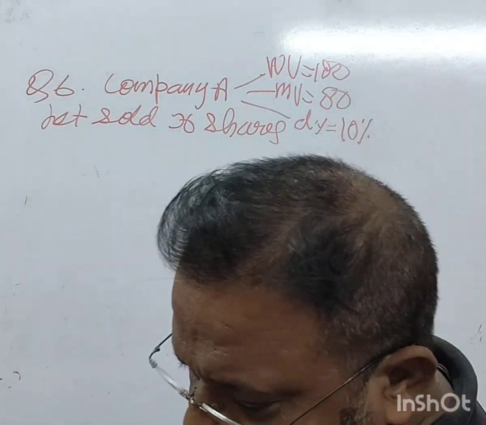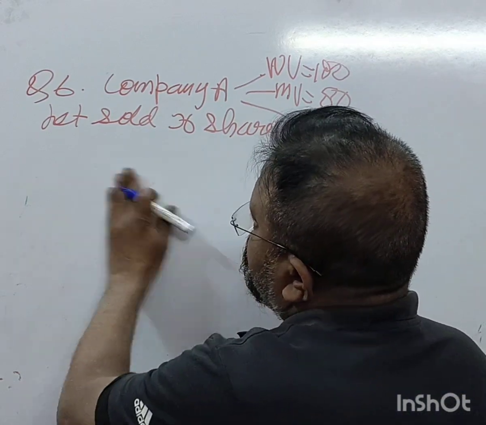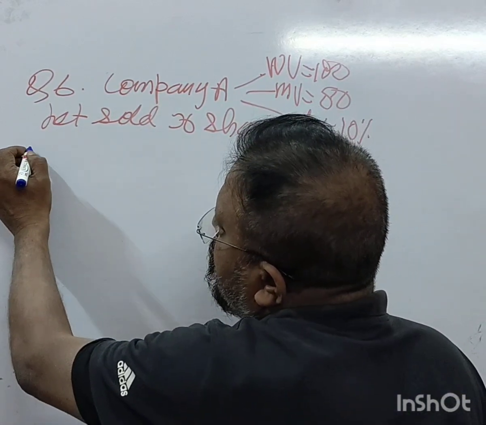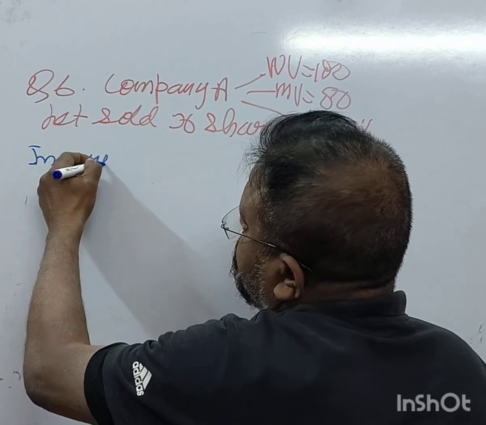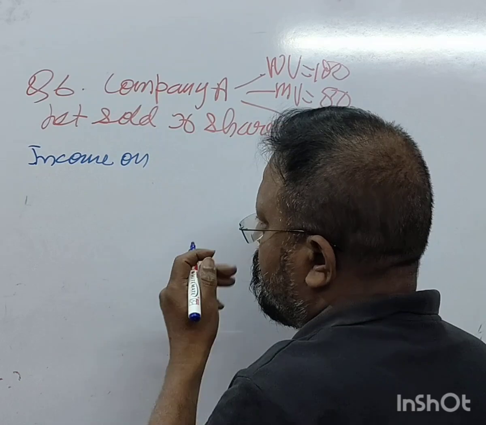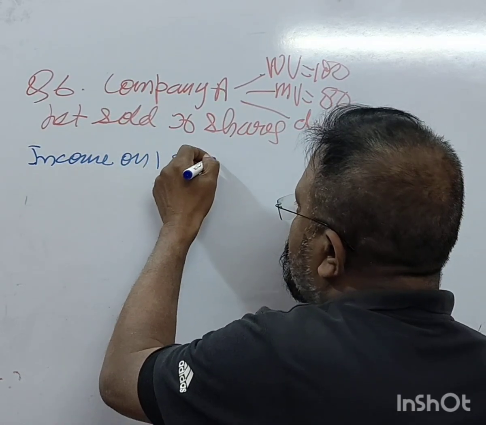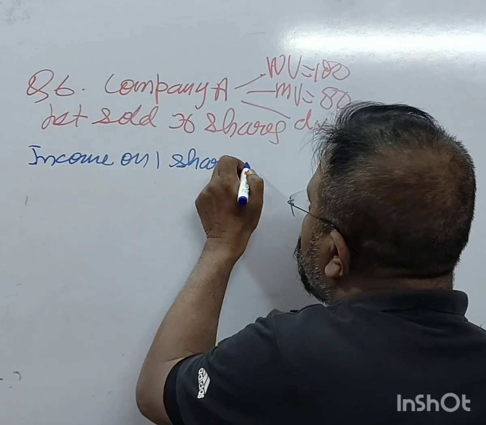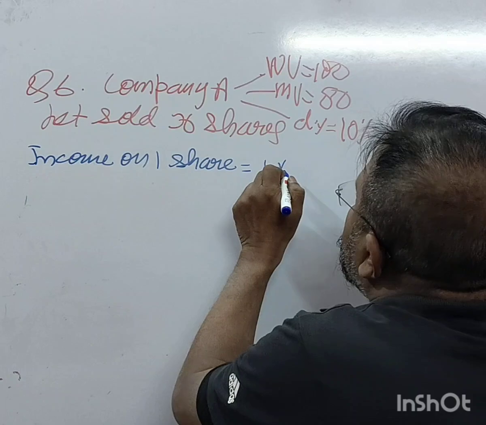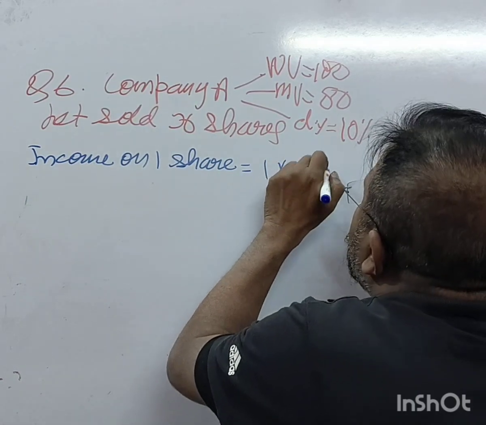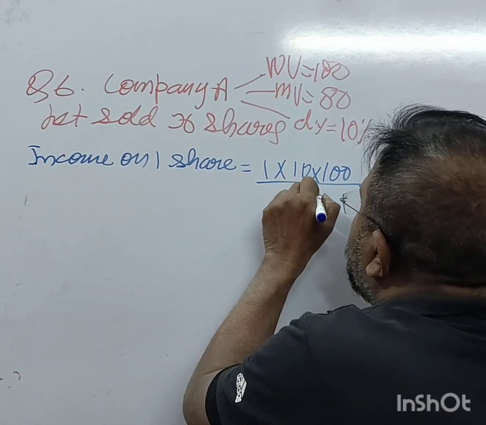Right. So income on one share is equal to 1 into 10 into 100 upon 100.